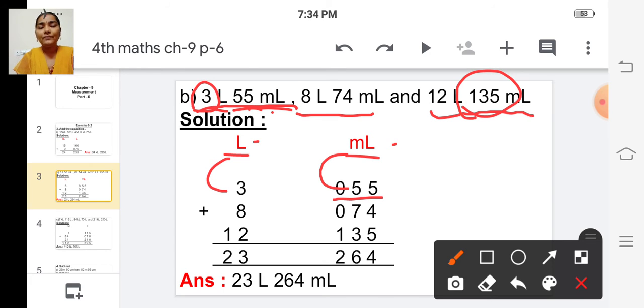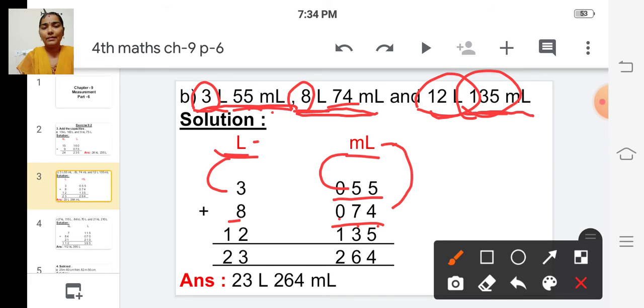The second capacity is 8 liter 74 milliliter, so write this 8 below this liter and write 074 below this milliliter. The third capacity is 12 liter and 135 milliliter. So write this 12 below this liter and this 135 below this milliliter.